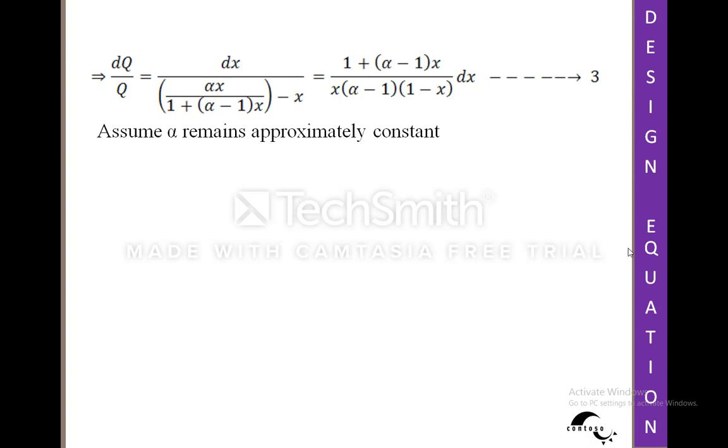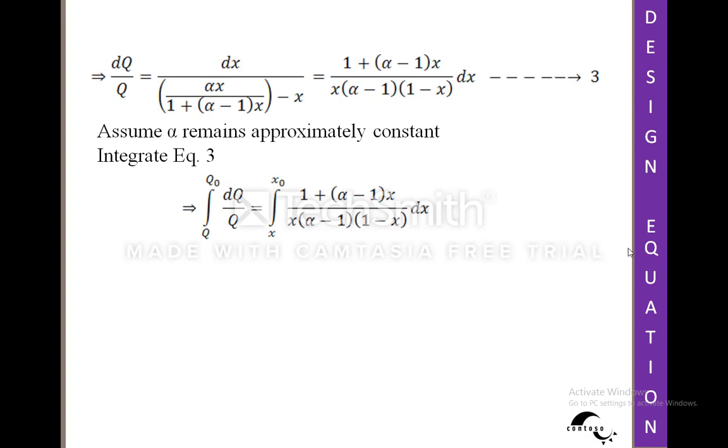So we are making alpha approximately constant. Now remove this derivative using integration. Integrate your third equation with the limits from q to q naught and x to x naught. Why are we taking q to q naught and x to x naught?